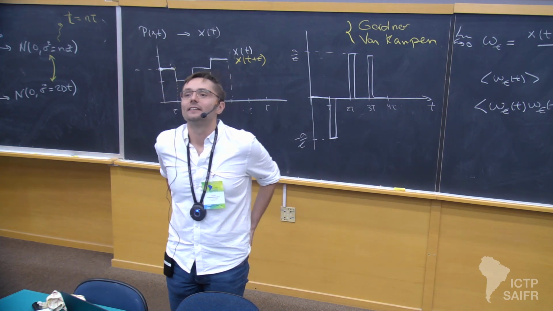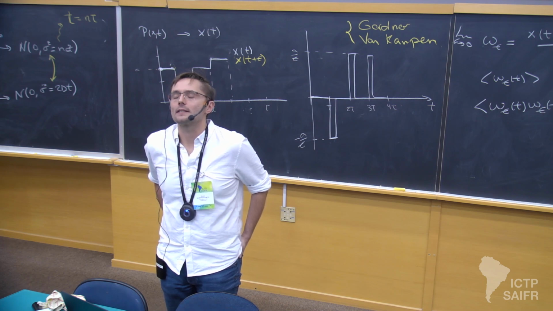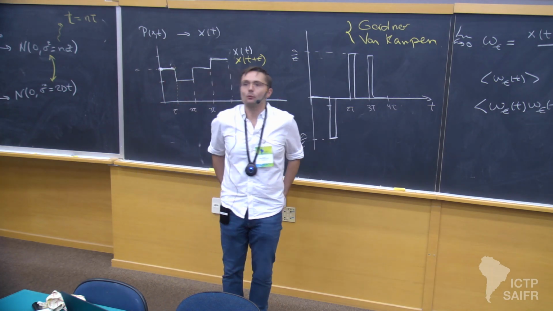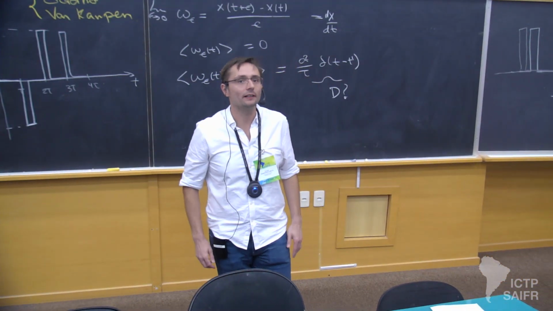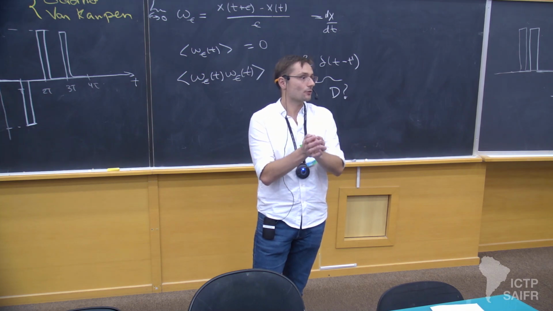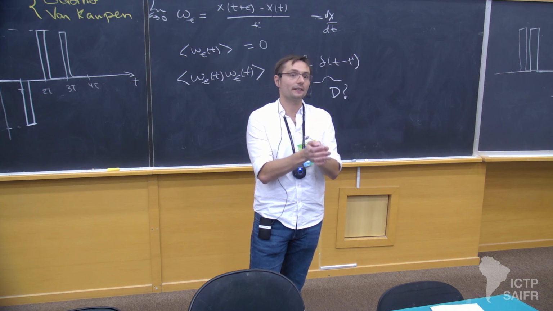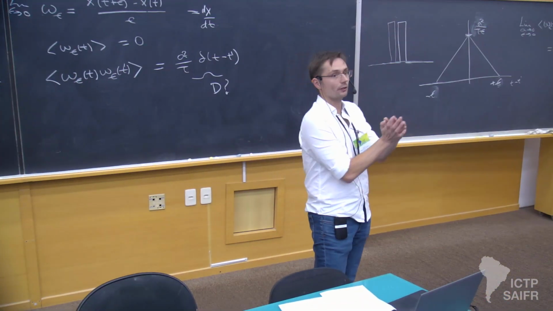So the question was about one of the, let's say, tricks that I took out from nowhere: when I wanted to go from discrete space and time to continuous space and time, I allowed my random walk to also stay in the node, whereas before I was defining my random walk to be with probability 1/2 to the right or to the left.